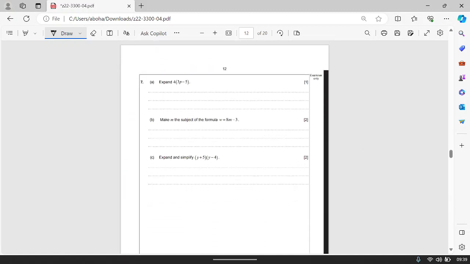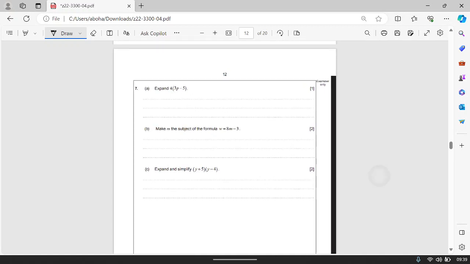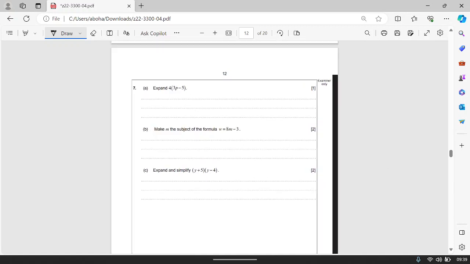And then, of course, your standard questions now on your algebra. So 4 times 3 is 12p, and then 4 times -5 is -20. Making m the subject of the formula, so we want m to be on its own.